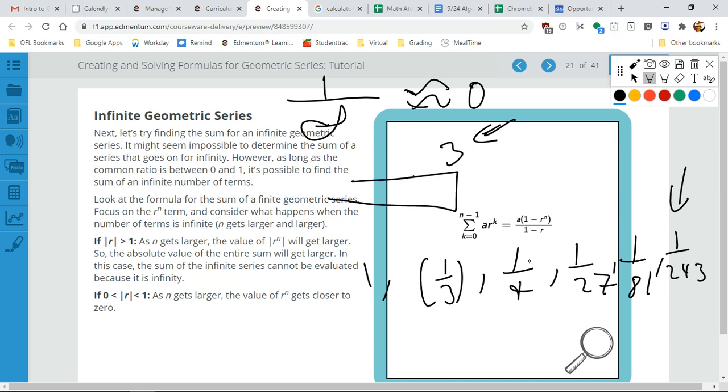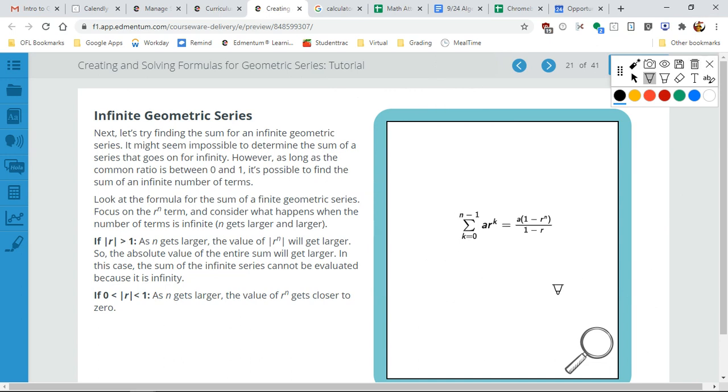If you keep cutting something in half over and over and over again, eventually there's nothing left. That's what we're going to be talking about here. This idea that if you keep cutting something over and over again, it gets to the point where there's nothing left.